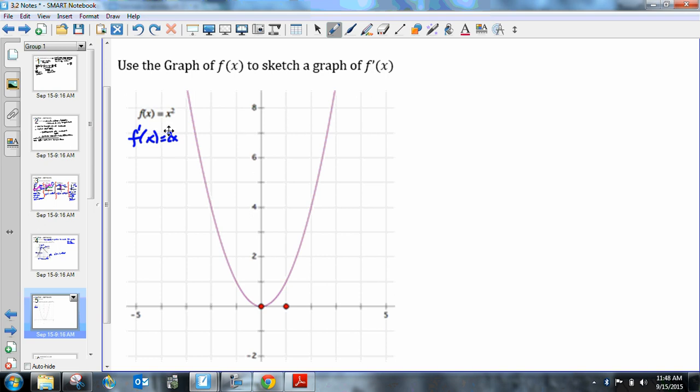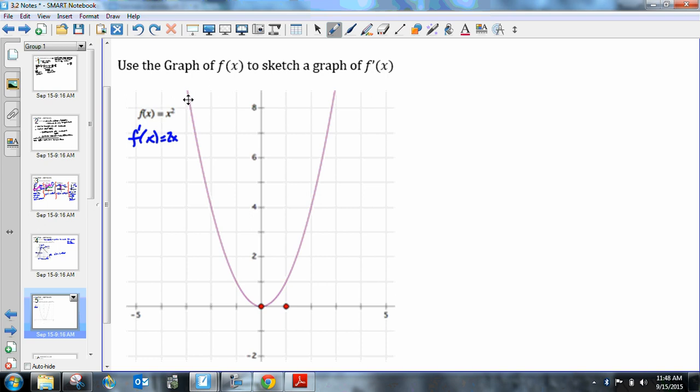But what I want to do is graph this function 2x. We'll do that here in a second, but I want to look at each point along this parabola and determine what the slope is at each one of these points.